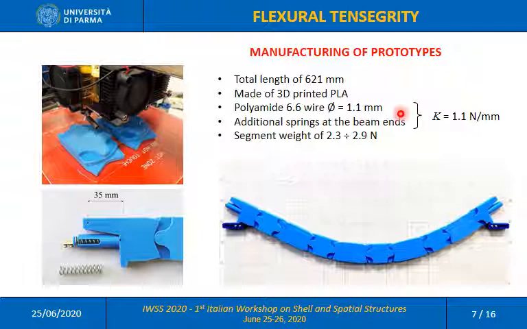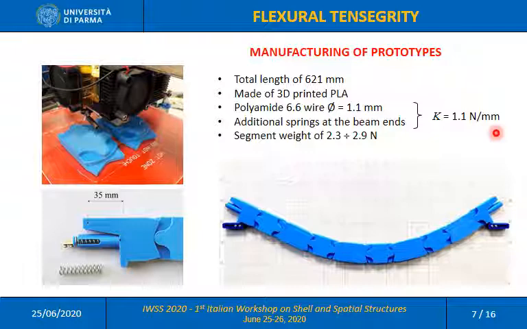An additional spring has been added at the beam ends, and the composition of the stiffness of the wire plus the additional springs provides an overall stiffness of 1.1 Newton per millimeter.